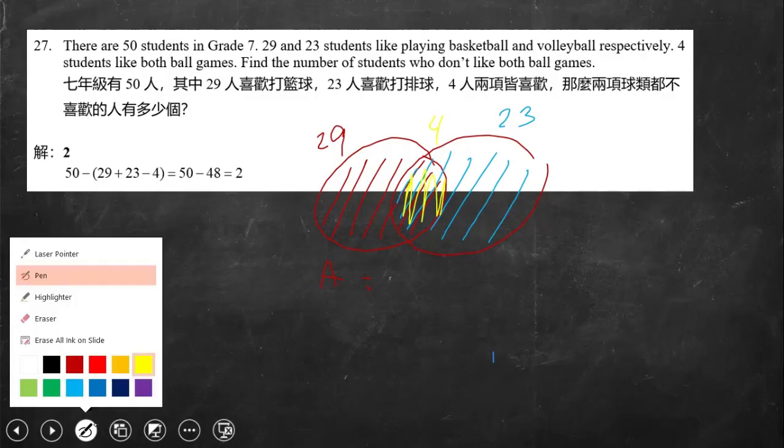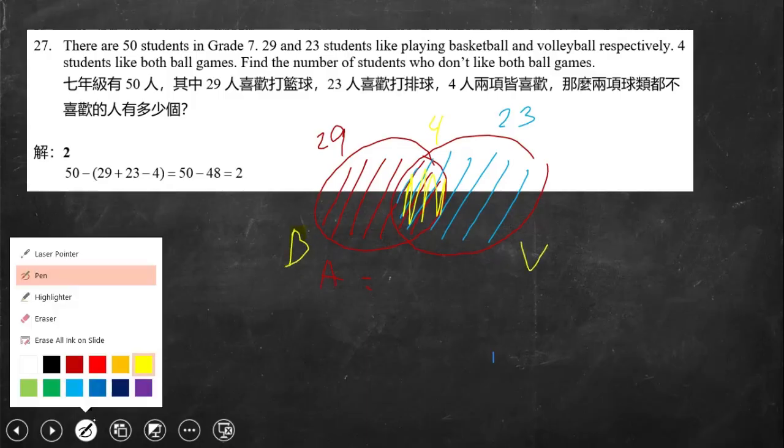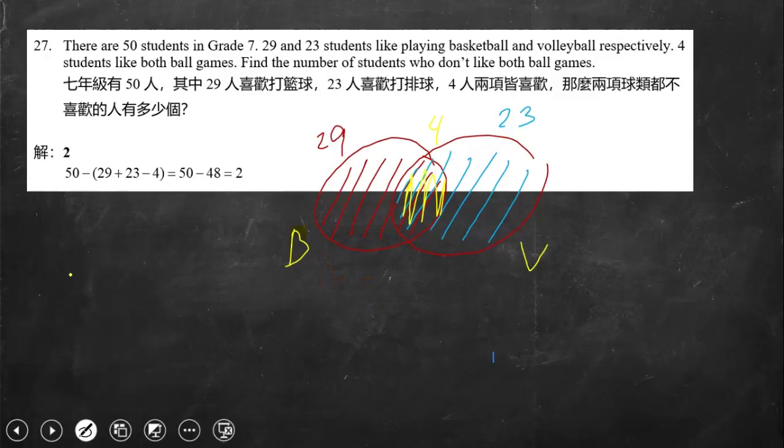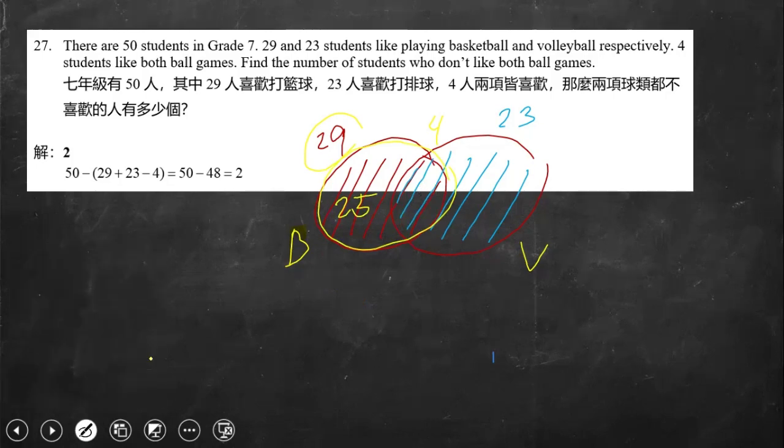Knowing that the 4 is in the middle, we just subtract. This is basketball, this is volleyball. Since we know that there are 4 who like both sports, to make the whole circle 29, it's gonna be 25 outside of the intersection. And then subtracting 4 from 23, it's gonna be 19 here.